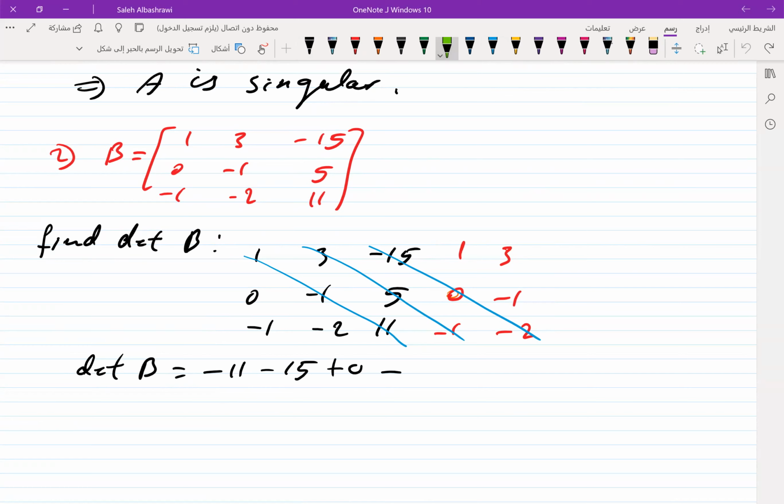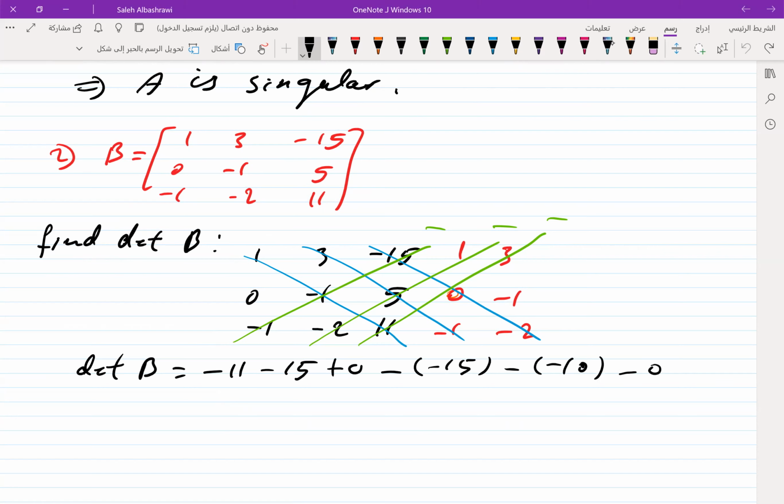Now the negative ones: this is 3, and negative, so it will be minus 15. The next one, minus 10, minus 0. So this will be minus 26 plus 15 plus 10, which is equal to minus 1.